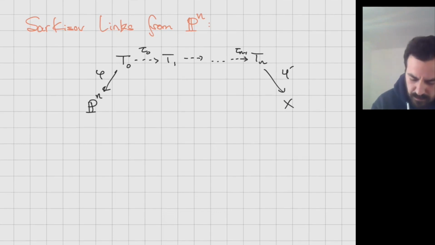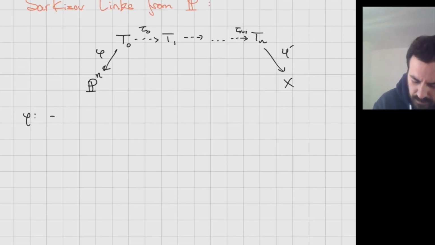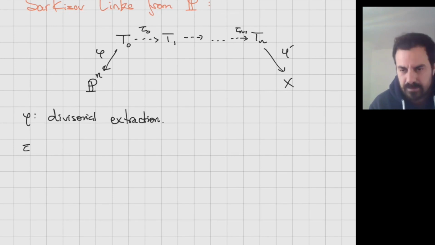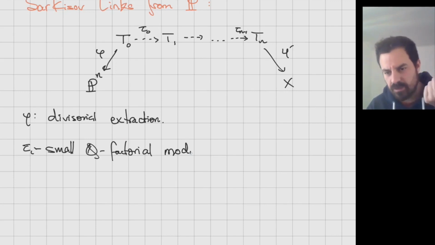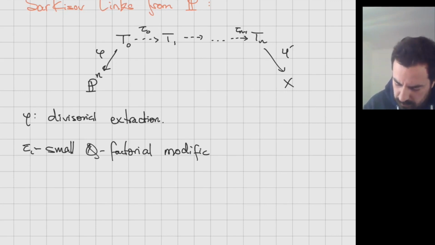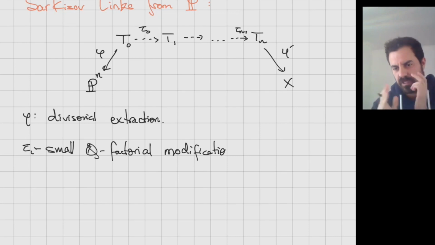So what are these maps? Phi is some divisorial extraction. The tau i are small Q-factorial modifications, which means isomorphisms in codimension 1. In particular, they don't change the divisors.